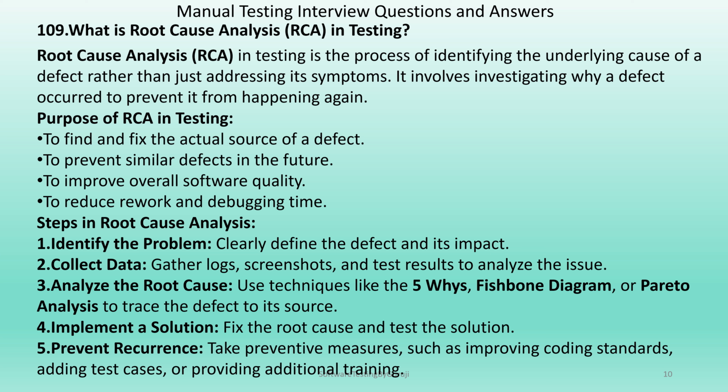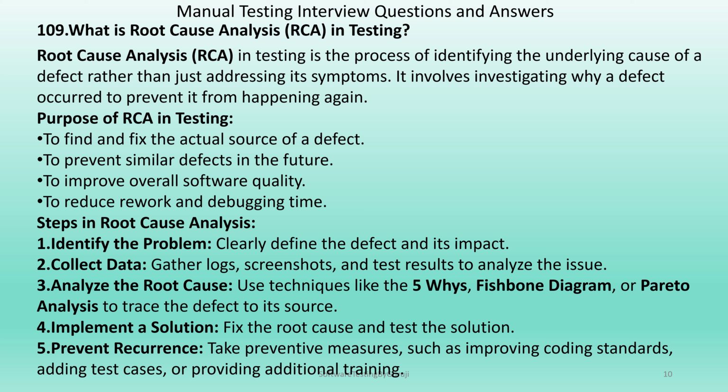First step, identify the problem. Clearly define the defect and its impact. Second, collect data. Gather logs, screenshots and test results to analyze the issue. Third, analyze the root cause. Use techniques like the 5 whys, fishbone diagram or Pareto analysis to trace the defect to its source.